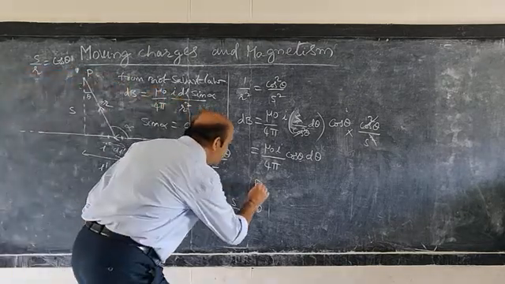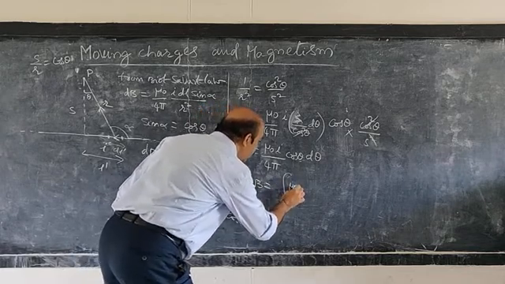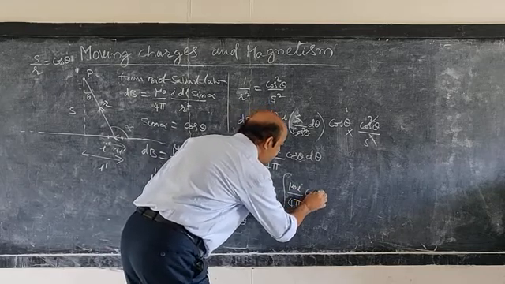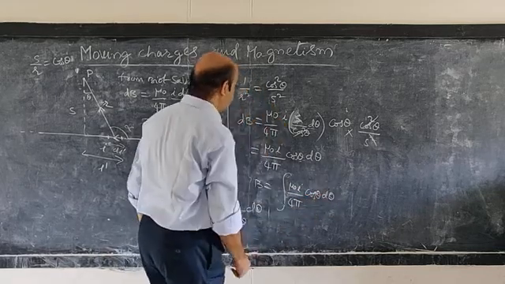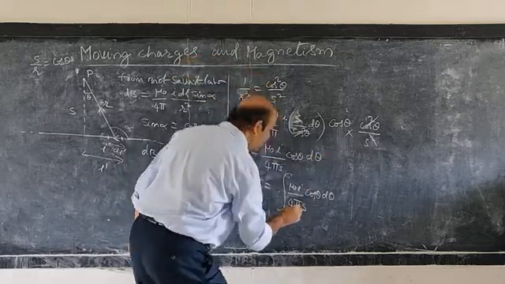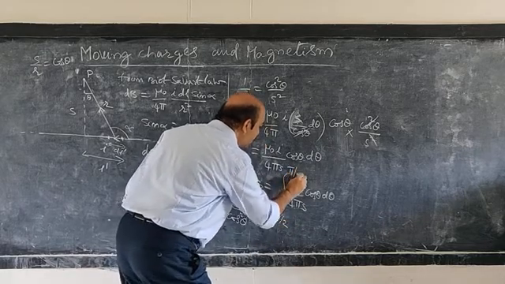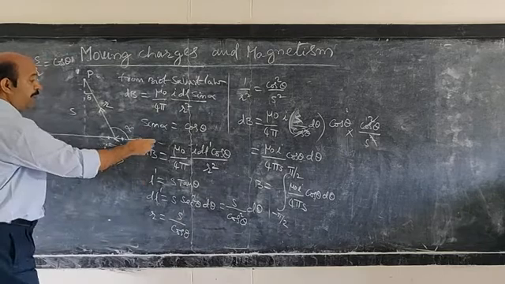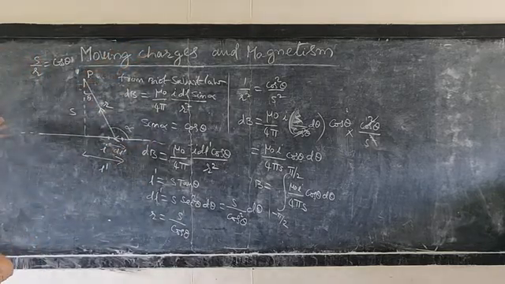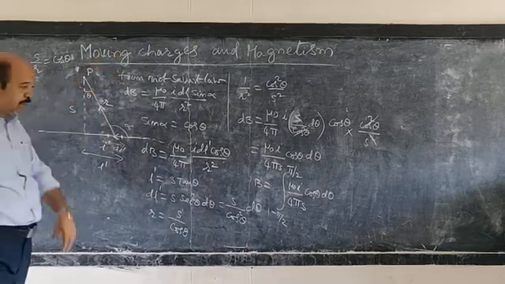So B is given by the integral of mu naught I by 4 pi s cos theta d theta, from minus pi by 2 to plus pi by 2. Because this end will be at infinite position, this end also at infinite position, so we can consider the limits from minus pi by 2 to plus pi by 2.